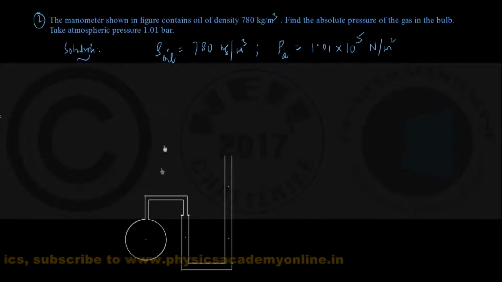Now, let me introduce the figure here. Here is a vessel containing some gas, and there is a manometer like a U-tube, one limb open to the atmosphere, other limb connected to this vessel containing the gas. So when connected, the distribution of the gas and the liquid is as follows. I am showing it here.